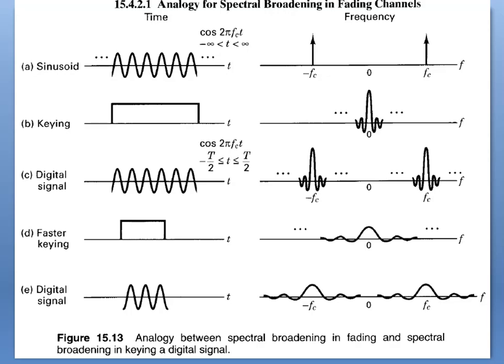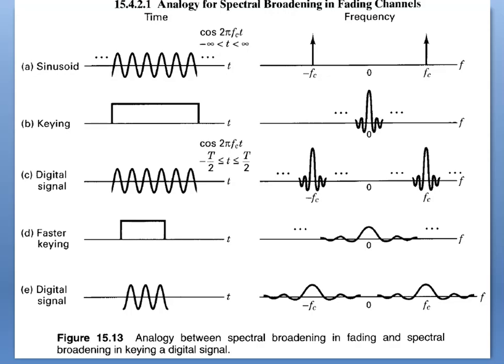The resultant spectrum is obtained by convolving the spectrum impulse in part A with the sinc function in part B, giving a broadened spectrum in part C. It is further seen that if the signaling occurs faster, characterized by a shorter signal duration as in figure D, the resultant signal spectrum in E exhibits greater spectral broadening.